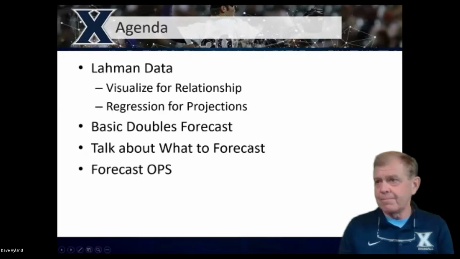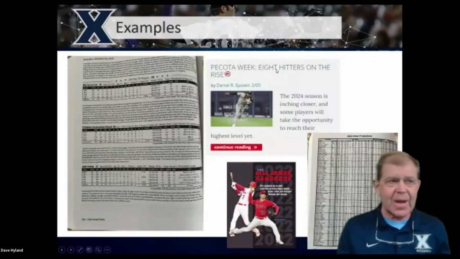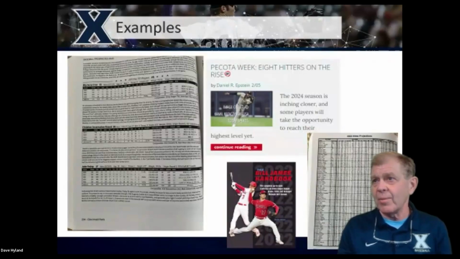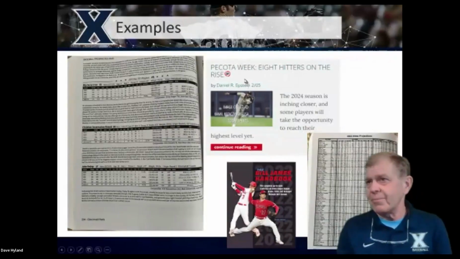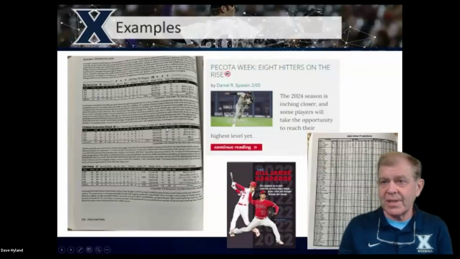Before we jump into that, just think about some of the places you see forecasting done. One of the most popular is Baseball Prospectus PECOTA forecasting. They've got the online version. I particularly like the hard copy of Baseball Prospectus. Here's an example on the left of a page out of Baseball Prospectus.